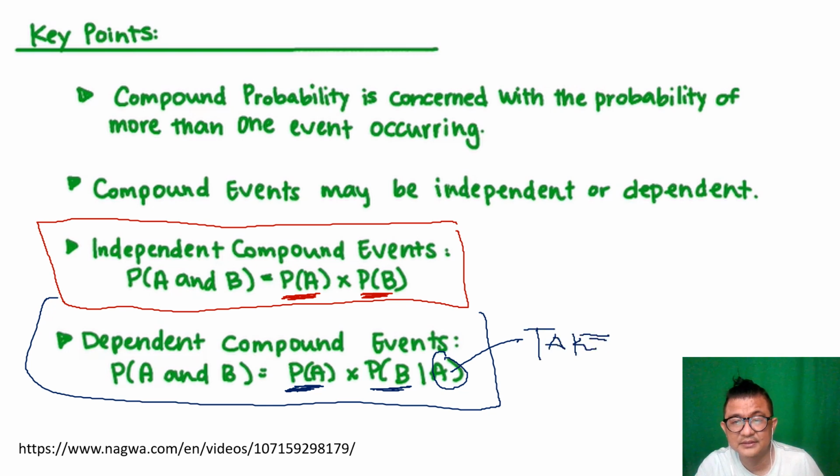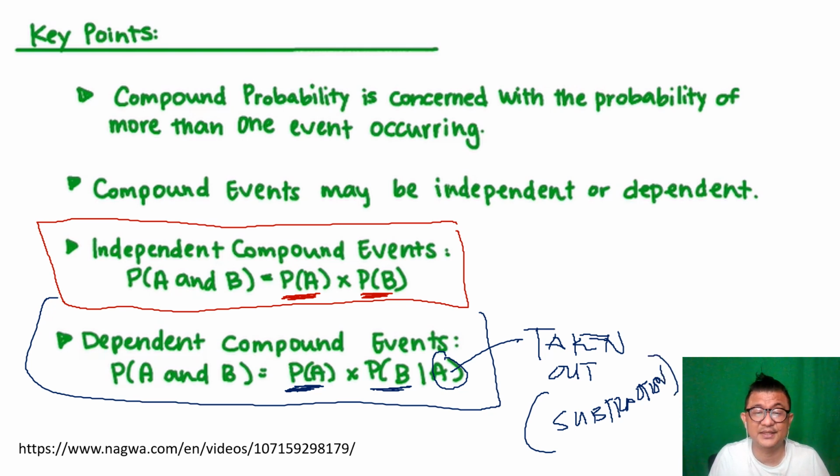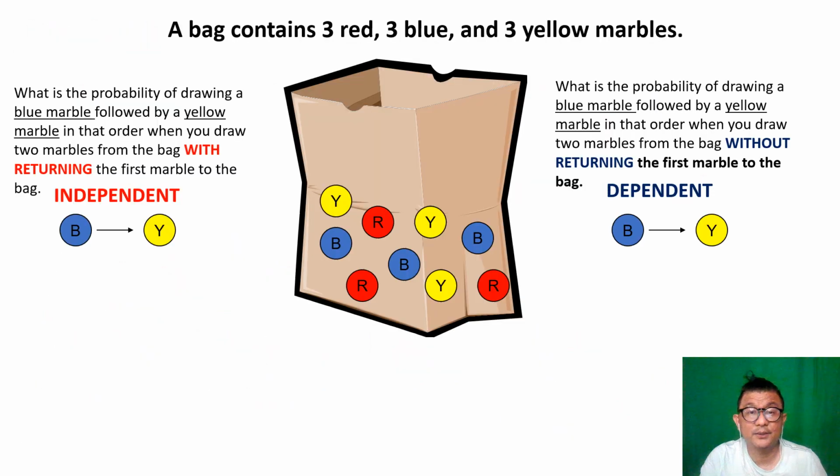Taken out. Okay, there's gonna be a subtraction here. Subtraction. Okay, we will understand that better through the following examples. So we'll understand this better with this word problem.